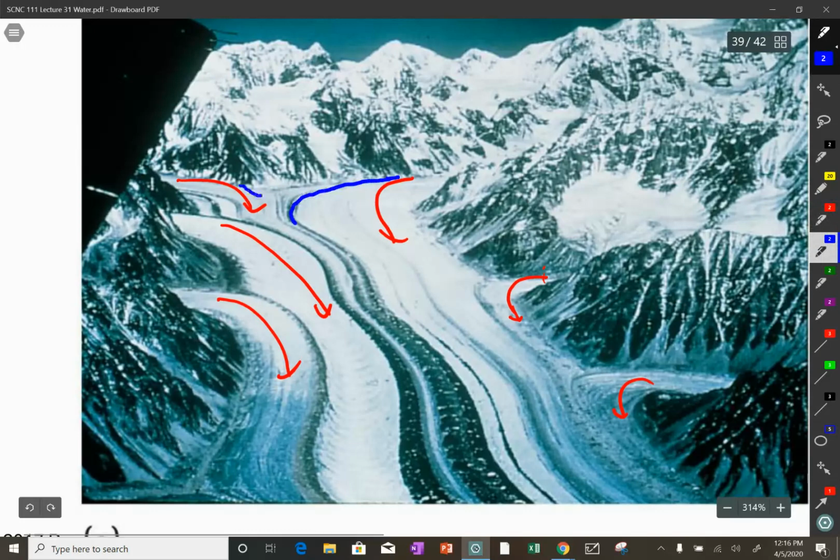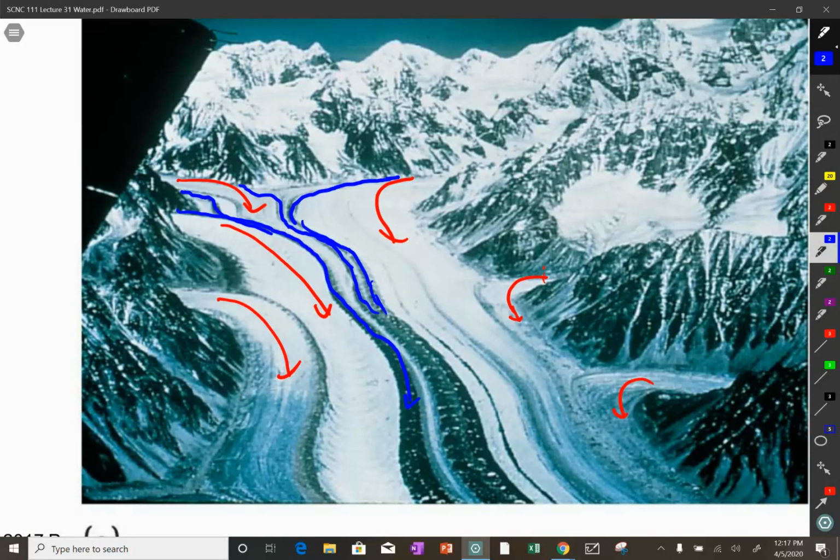Here's the side of this one, and it merged. And so this here is the moraine from where the two merged, and now it's in the center of the glacier of the flow because it merged. And so likewise, you have from the edge of this one going here, from the edge of this one going here, giving us this moraine. So that's moraine. It's ground up rock that's flowing along with the glacier.